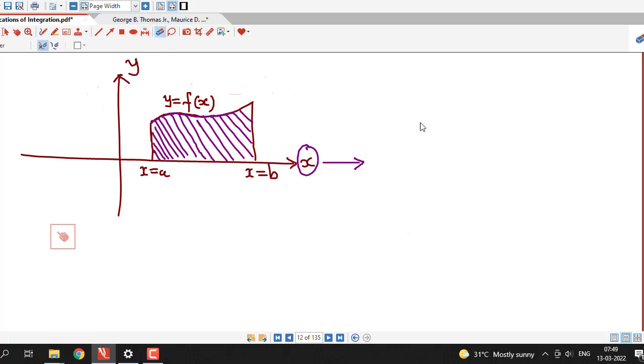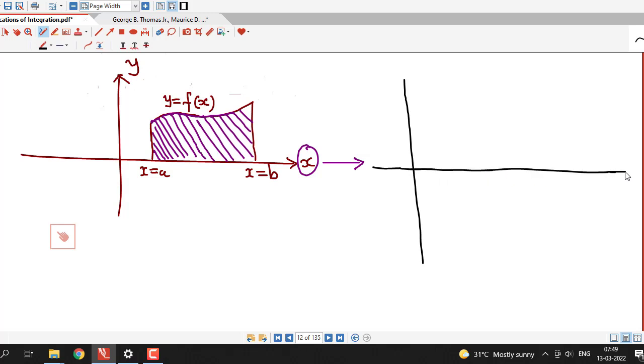Here we are working in two-dimensional plane, but we can visualize what will be the look of the solid which we will obtain by rotating this plane region around the x axis. To obtain the rough sketch of the solid, we can sketch in this way.